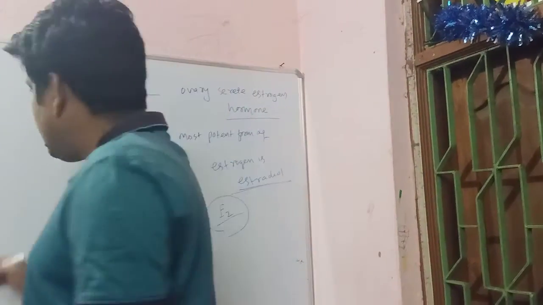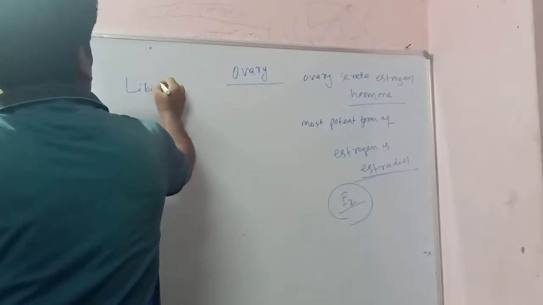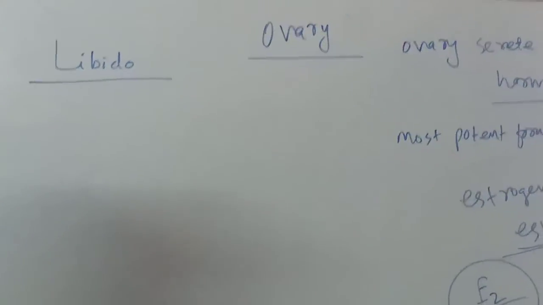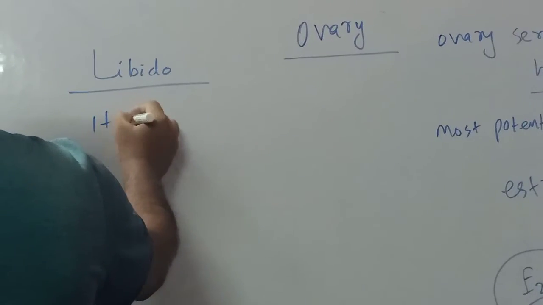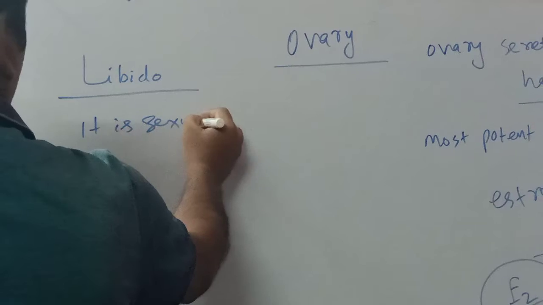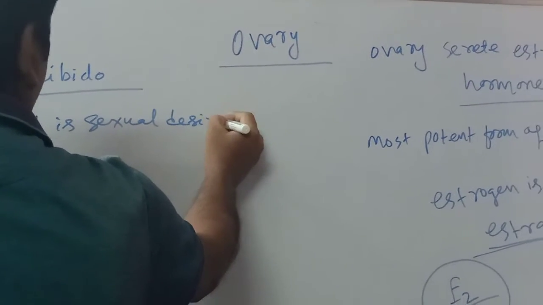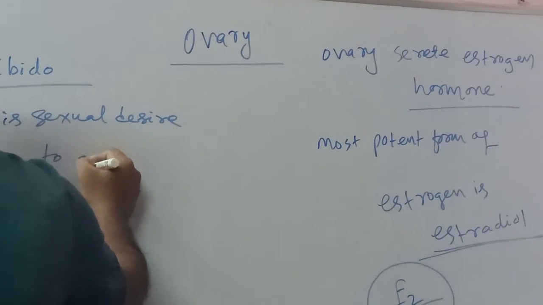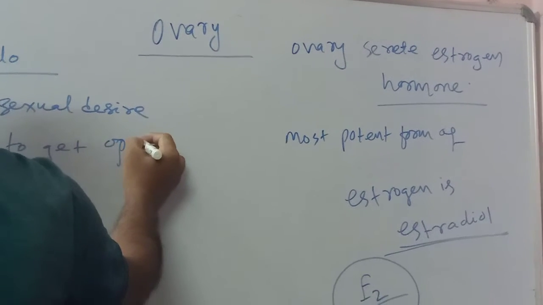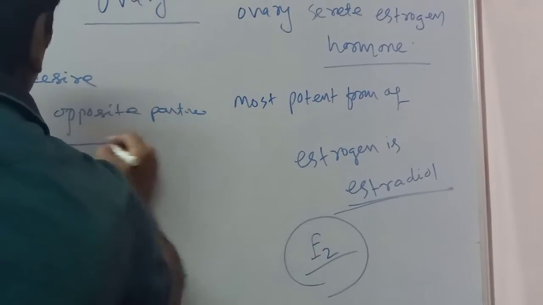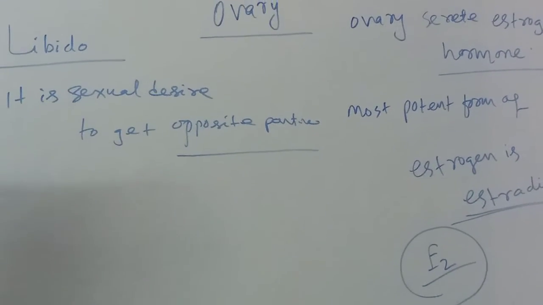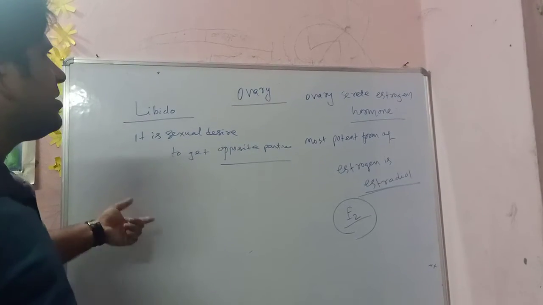So what is libido? Libido is the sexual desire for the opposite partner. So libido develops by estradiol.